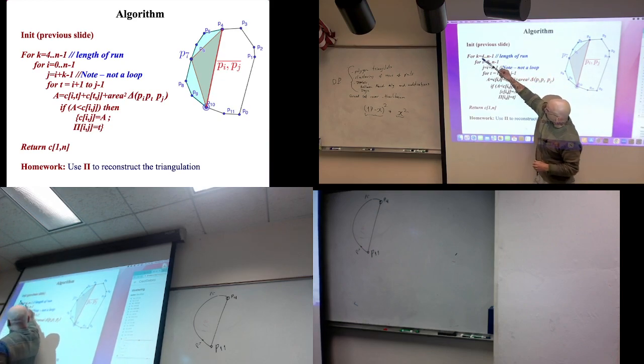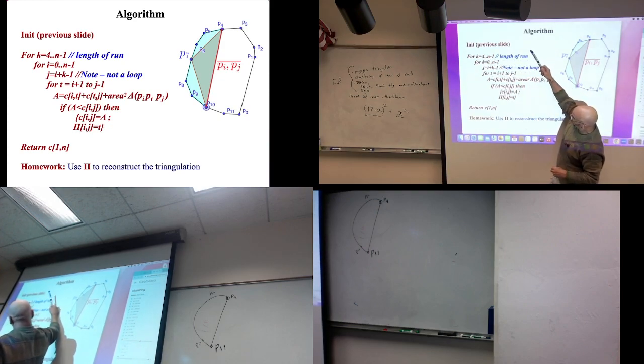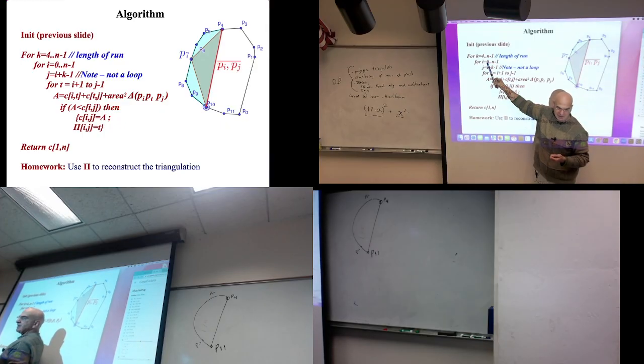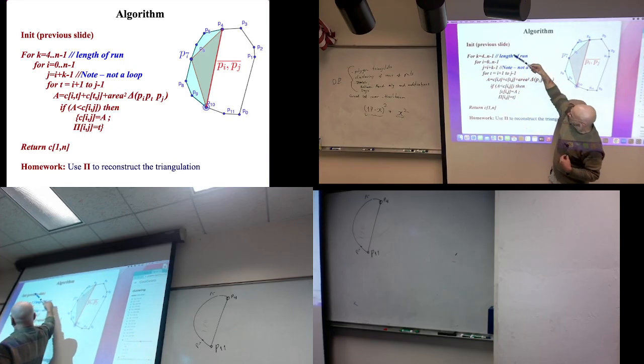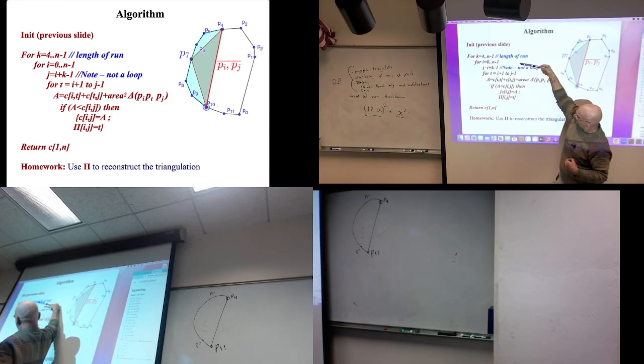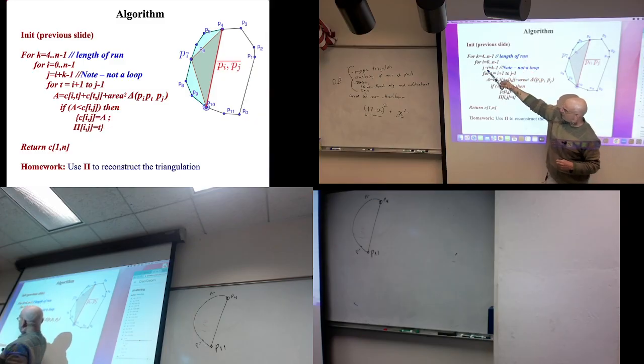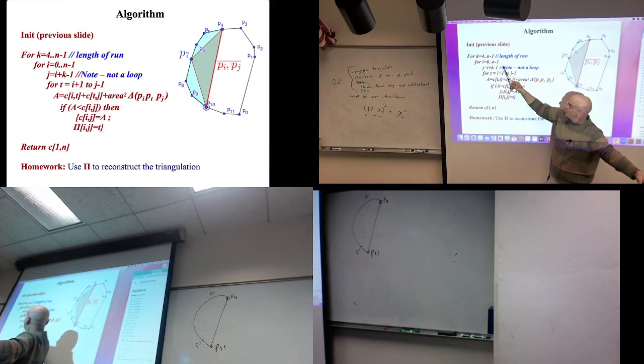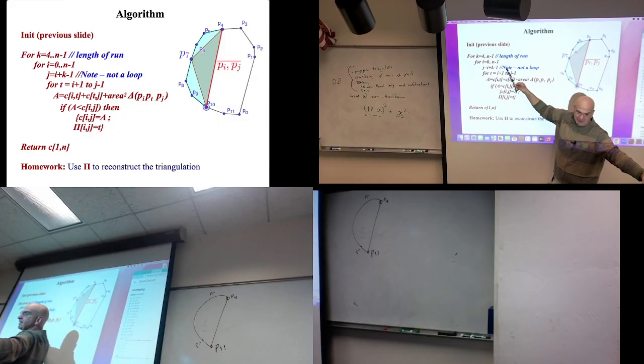And what do I know right now? I know the length of the run, that's k. Now, I will be the variable that runs through the start of the run. I'll start the run of length 4 at P0, then at P1, then at P2, and so on. To make my indices a bit simpler, I'll say J is just k steps ahead. It's not a loop on J. J will just be k steps ahead.